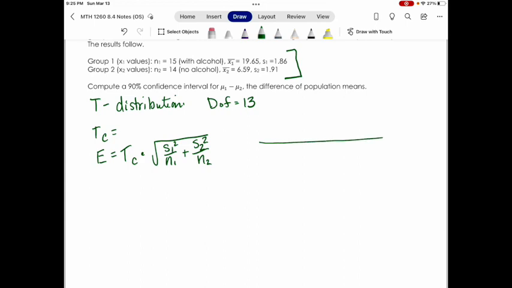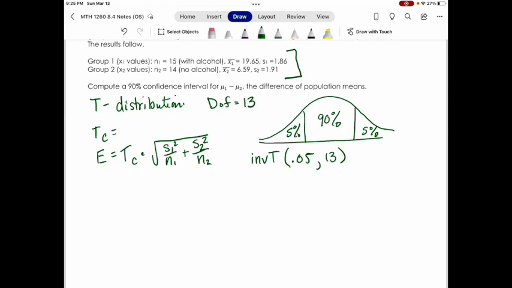Okay, so for t-critical, we want to know what the t-critical is if we're doing 90% confident, which means there's going to be 5% in each wing. So I'm going to do inverse T. I'm going to put in 0.05, and my degrees of freedom, which is 13. When we do that, I get negative 1.7709 and then some other numbers.